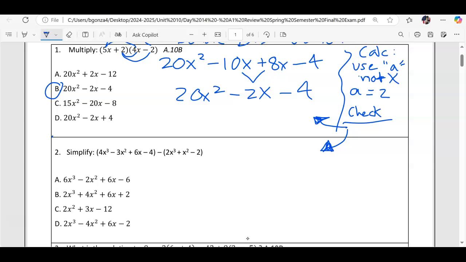Well, I'm going to tell you, if you see a minus in front, that really means minus 1, okay? So a negative by itself means a negative 1, and then you have to distribute it. And when you distribute a negative 1, all it does is change the signs. So positive 2x cubed is now negative 2x cubed.